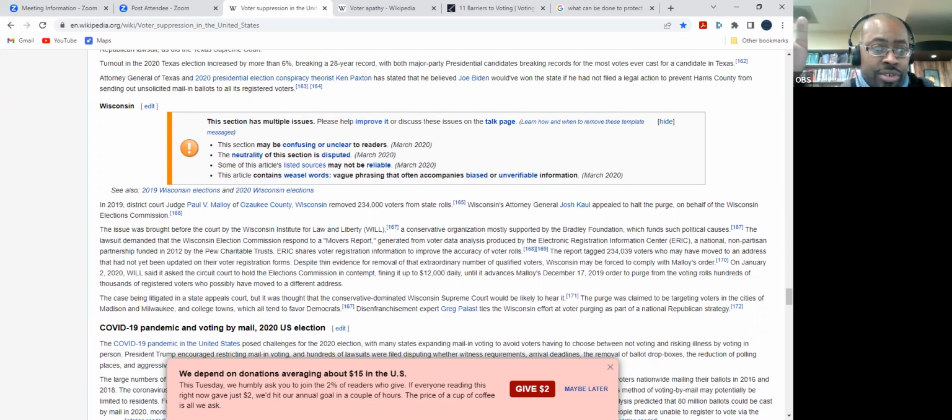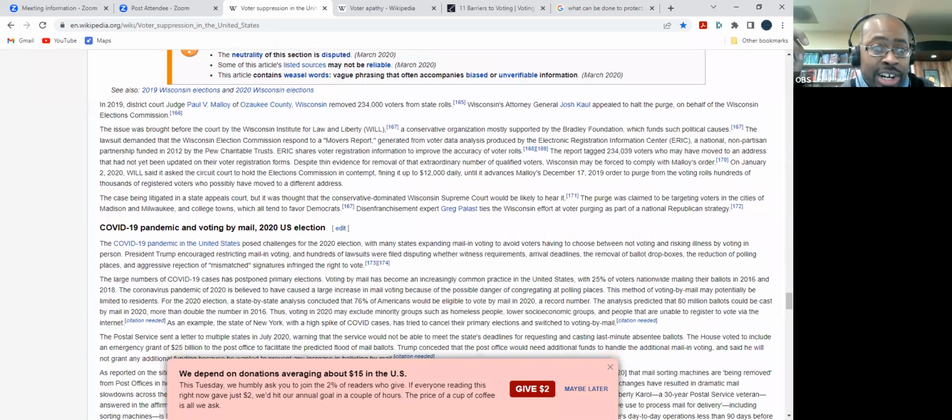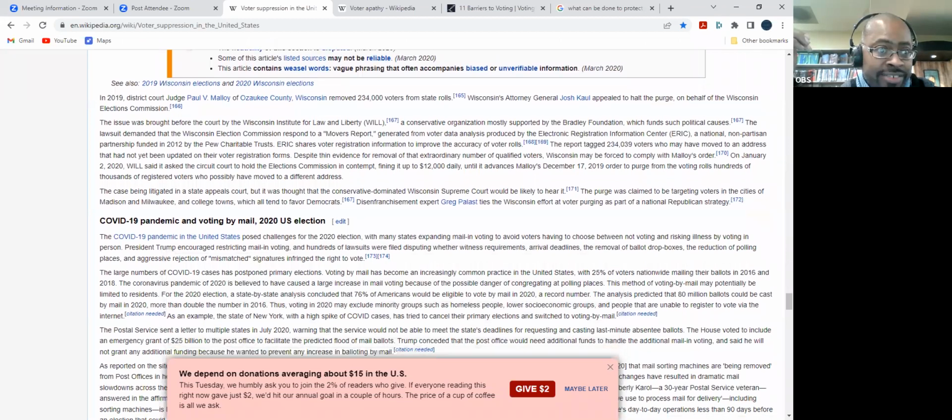Republicans wanted to control the Wisconsin state government, so that's what they did. The elections committee found them guilty, and they had to pay a fine of up to $12,000 for each day that they didn't rectify the situation.